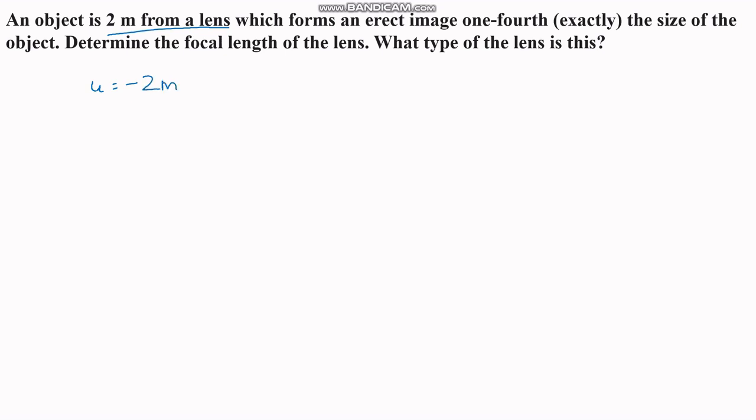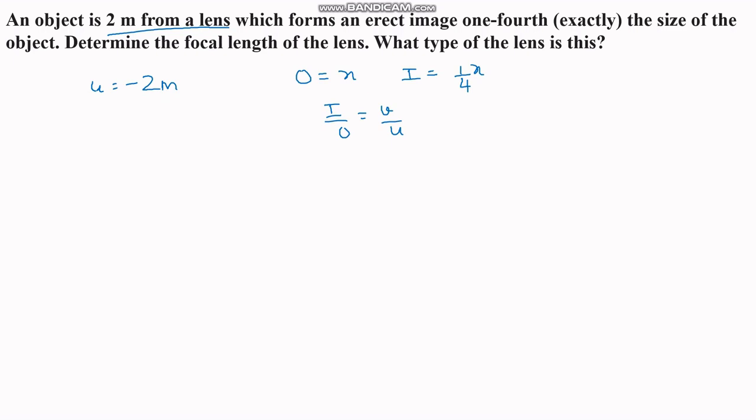This is one thing. Now let's suppose that the height of the object is x. Then what will the height of image be? Height of image will be 1 by 4 x. Right? So this is what we have got. Then we know I upon O is equal to v upon u.